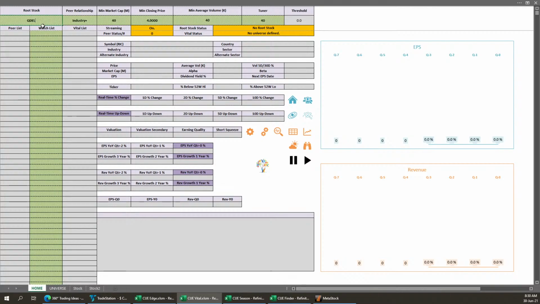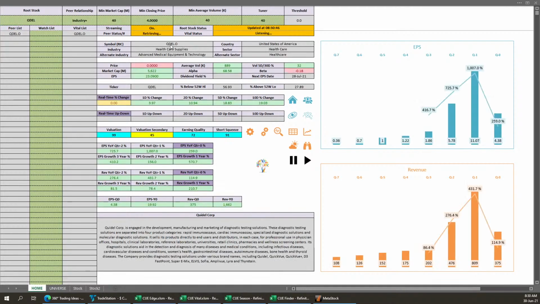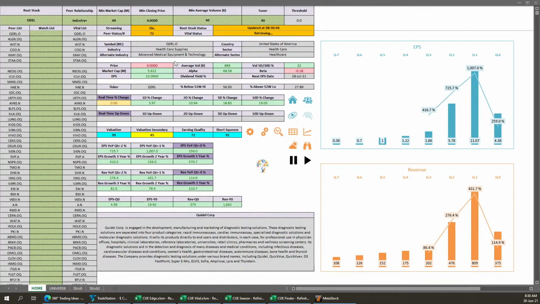So in this case, I am using the ticker symbol QDEL, not using the suffix .O, which would make it Reuters symbol. If I specify as a ticker symbol, first it retrieves the Reuters symbol, and once that is done, it retrieves the data about the scorecard, calculates the scorecard.